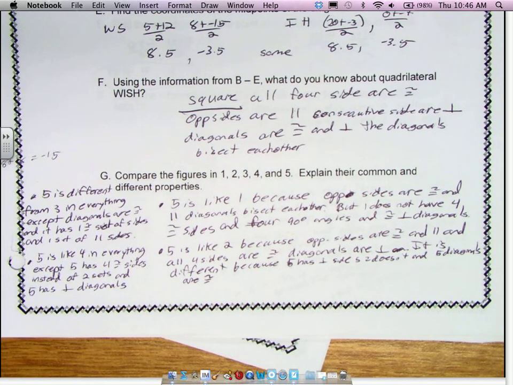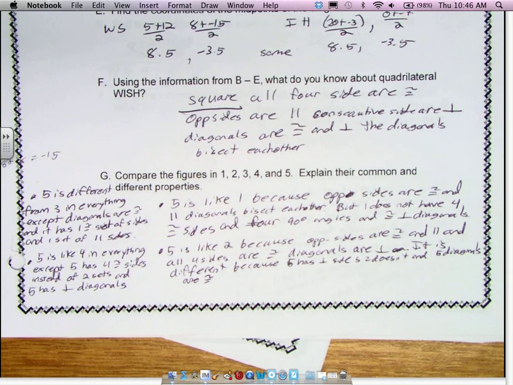It is different because 5 has perpendicular sides, 2 doesn't, and 5's diagonals are congruent. 5 is different from 3 in everything except diagonals are congruent, and it has one congruent set of sides and one set of parallel sides.